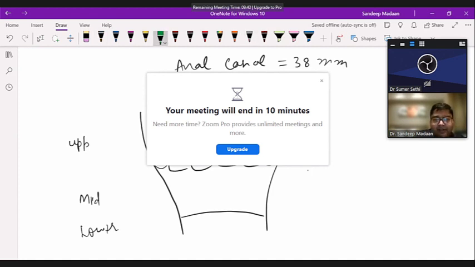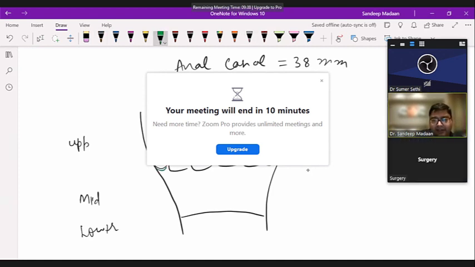This line is defined as what? This is pectinate line, also called dentate line, and the lower line is white line of Hilton.